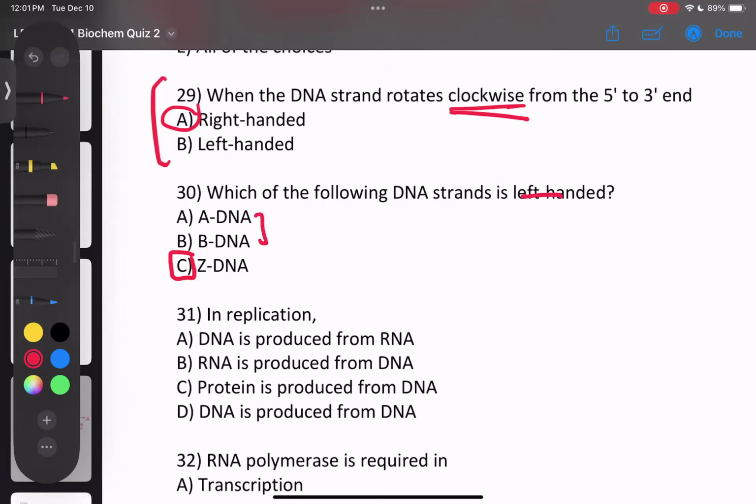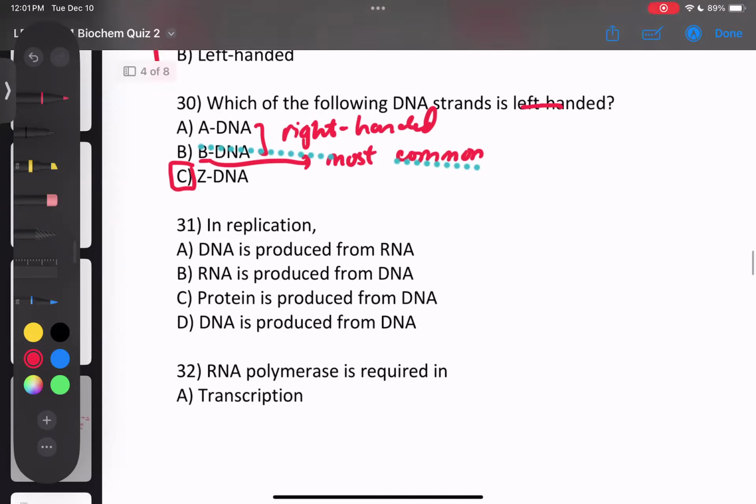The other 2 types of DNA are right-handed. Another common thing that's being asked is what type of DNA is the most common, and that will be the B-DNA. The default DNA. When you say DNA and you don't specify which type, just assume that 99% of the time, it's the B-DNA form.